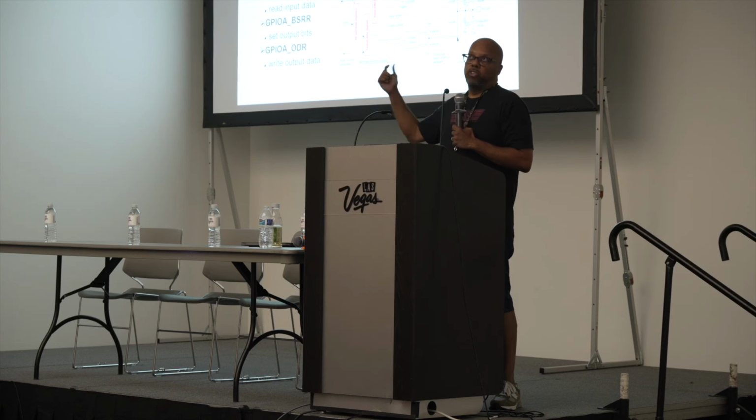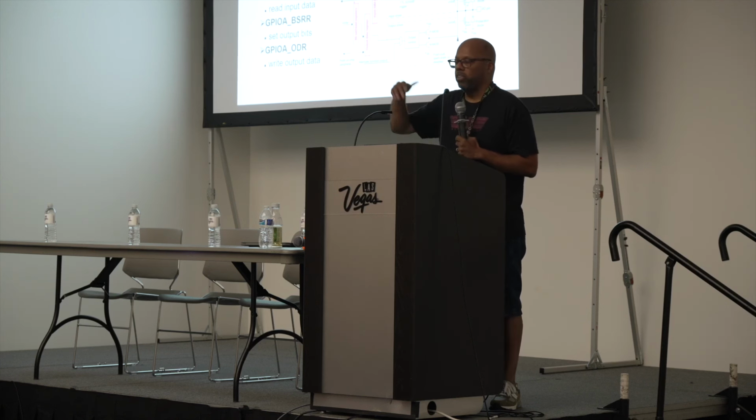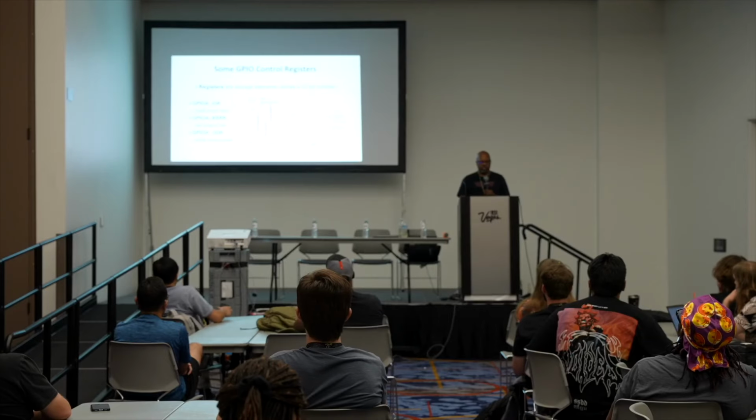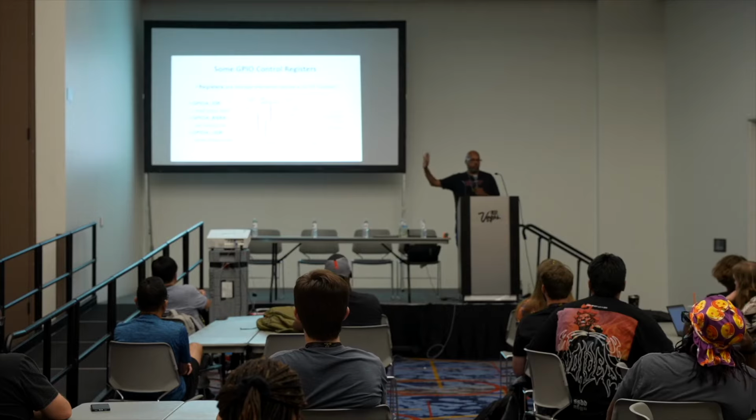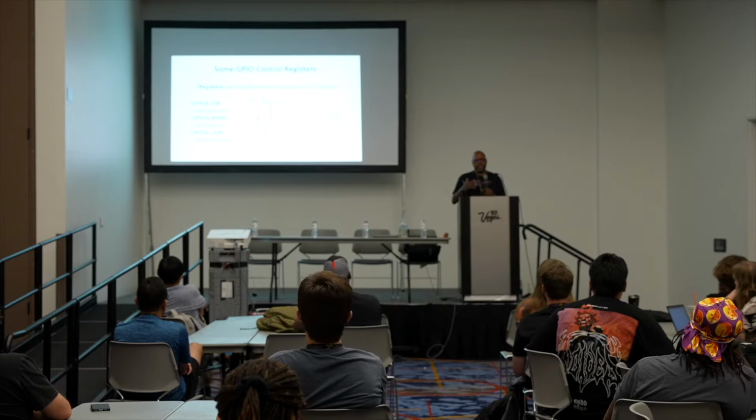Bit 0 of the IDR will tell you what's being driven onto port A, pin 0. So you read this register inside your code. And this register is to set output bits. Say I want to set a particular output bit high, I set the appropriate bit in this register. Say I want to write all the output bits to something, I go to the ODR, output data register, and write all the pin outputs. So the idea here is that every peripheral has a set of registers, and you have to learn what all of them do, what they're all for.